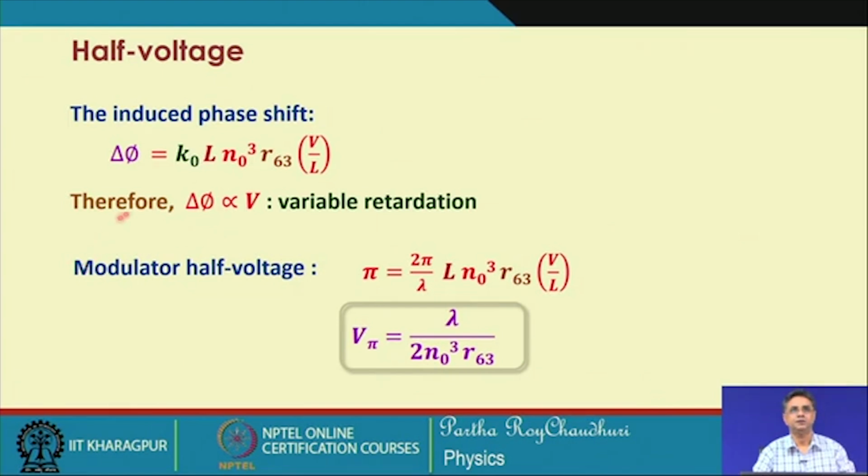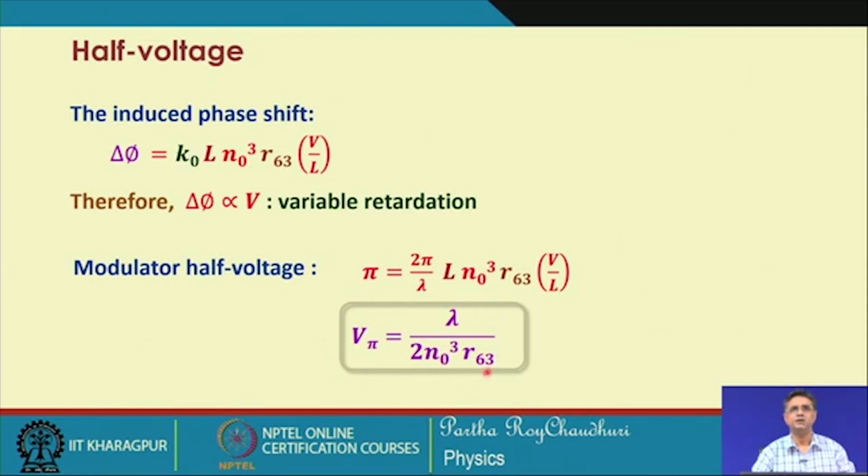voltage. In this case, this is again the modulator half-wave voltage, which is a very important parameter that defines the quality of the electro-optic material. So, we can find the half-wave voltage by setting this phase shift equal to pi, and pi cancels, L also cancels, and we get the half-wave voltage expression lambda by twice n0 cubed r63.